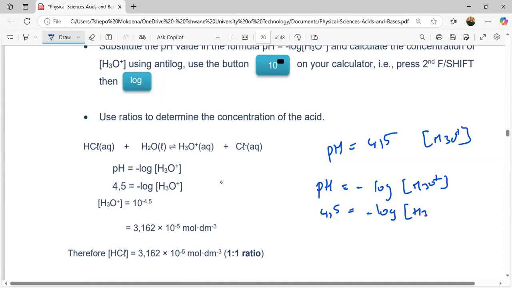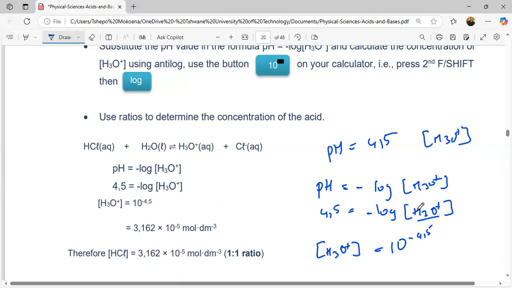What you're going to do is your antilog. The concentration of H3O plus will be equal to 10 to the power of negative 4.5. This is the only thing that you're going to do.